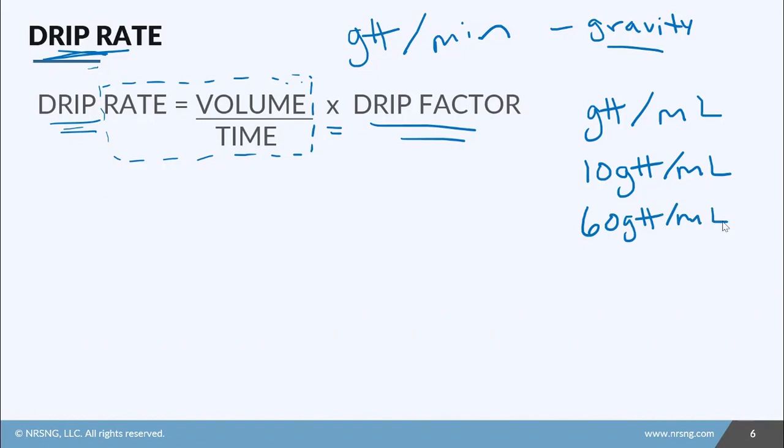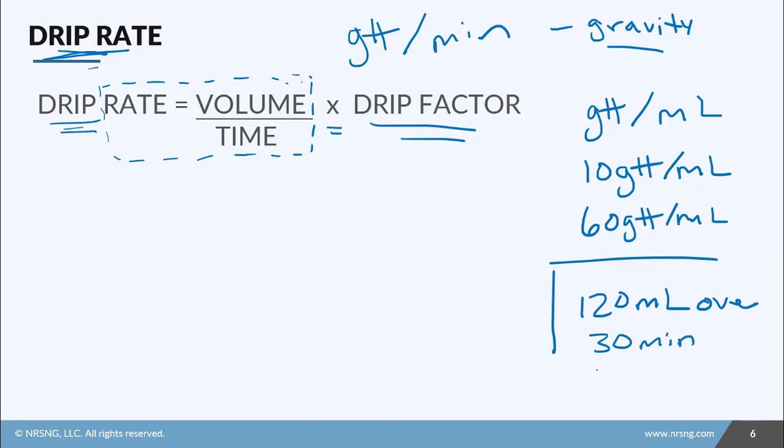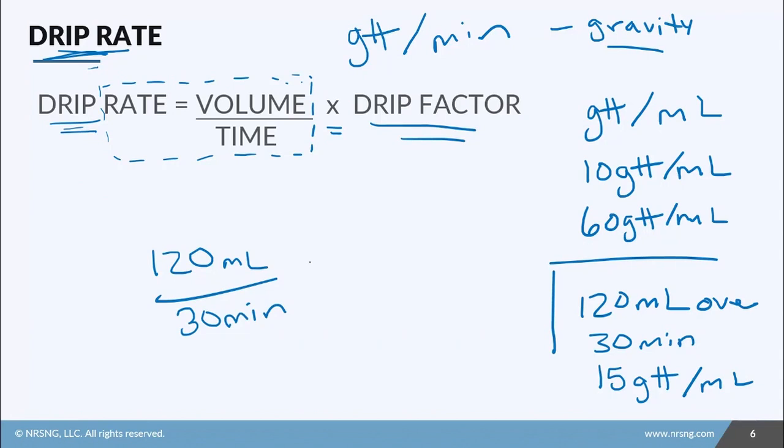So let's just do a really quick example. You are administering 120 mils over 30 minutes with a drip set that has a drip factor of 15 drops per mil. Okay, so let's set this up. Volume 120 over time 30 minutes times our drip factor 15.